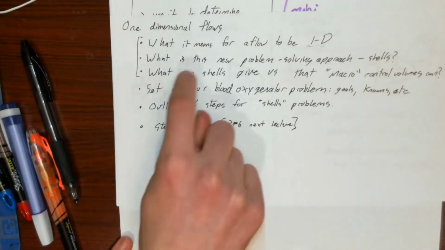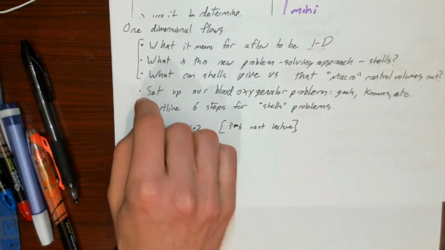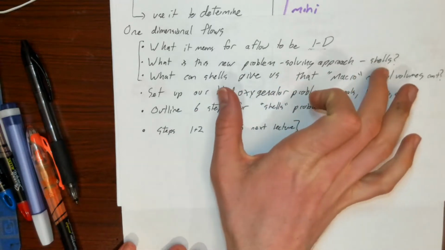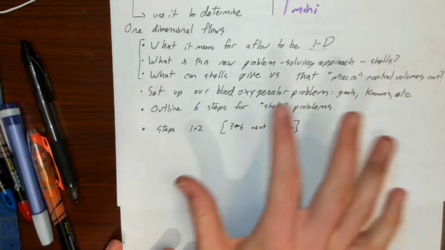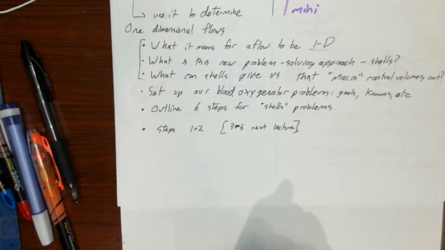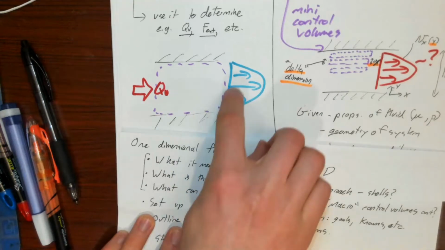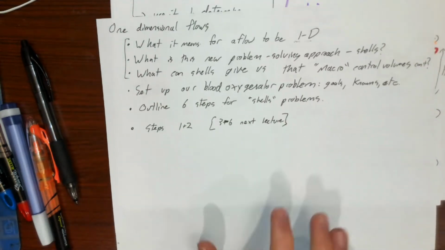So now that we've broadly described one-dimensional flows and what makes flows one-dimensional, and broadly described how this shells approach differs from the previous problem-solving approaches we had of macro control volumes, macro meaning it's a macroscopic control volume that covers our entire system.